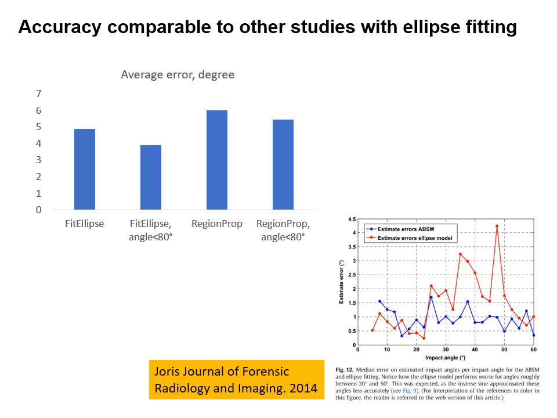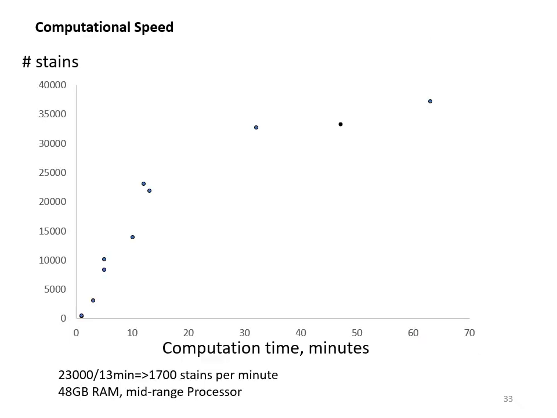So it's here. In terms of speed, I processed various pictures, and then I recorded the computational time in minutes. That's the horizontal axis, and vertically is the number of stains that are found. So it goes smoothly to 25,000 stains, which is quite a lot. On casework, you're probably never going to have that many. And it processes about 1,700 stains per minute.